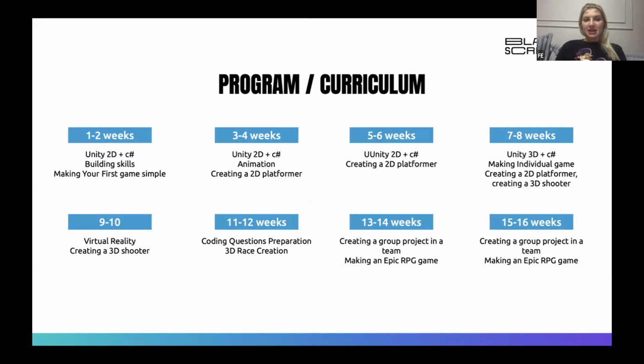Then 3-4 weeks, Unity 2D plus C# animation, creating a 2D platformer. 5-6 weeks, Unity 2D, creating a 2D platformer. 7-8 weeks, Unity 3D, making an individual game, creating a 3D shooter. 9-10, virtual reality, creating a 3D shooter. 11-12 weeks, coding questions preparation, 3D race creation. 13-14, creating group projects in a team, making an epic RPG game. 15-16, creating group projects in a team, making an epic RPG game.